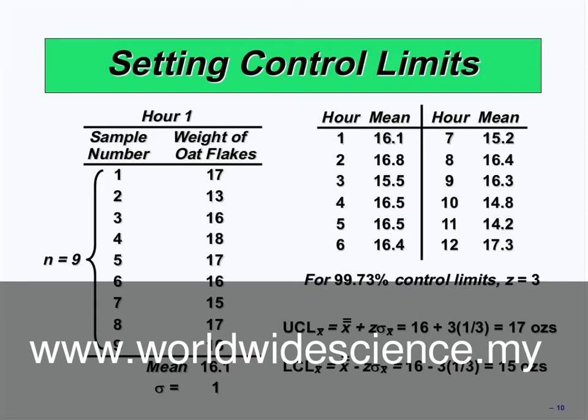Sigma X bar and sigma are different. We should calculate sigma X bar. Sigma X bar is the square root of sigma divided by n. For sigma, please look at the left side at the bottom. Sigma equals 1. It has been given to you.